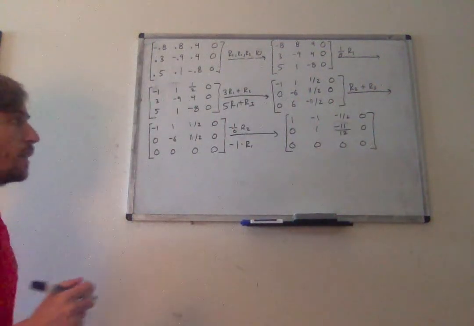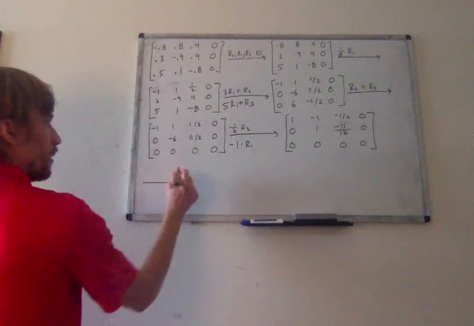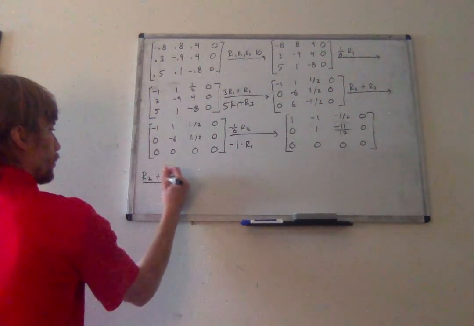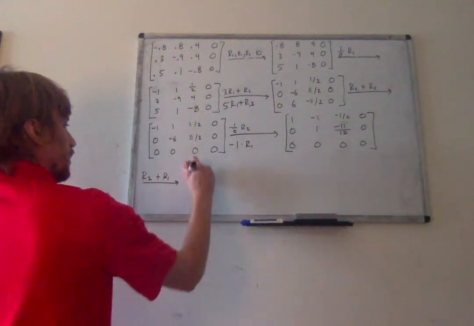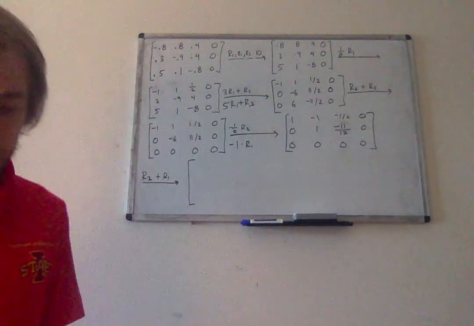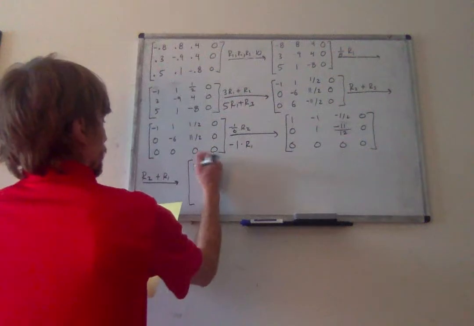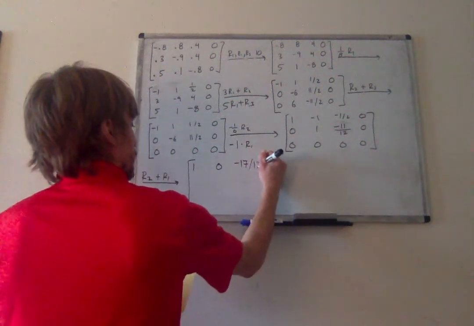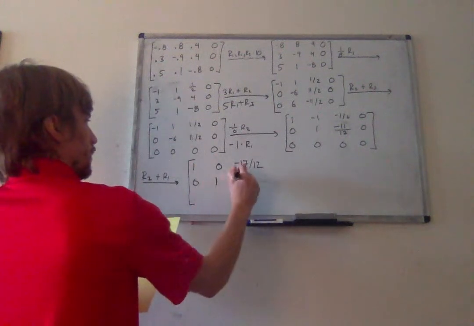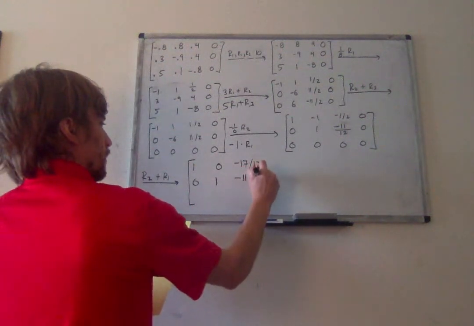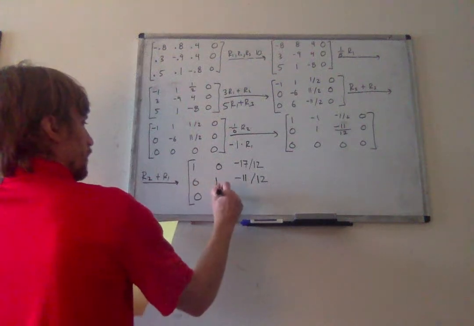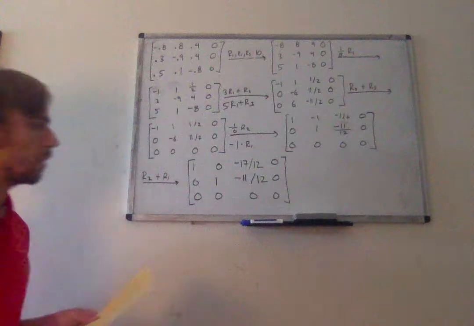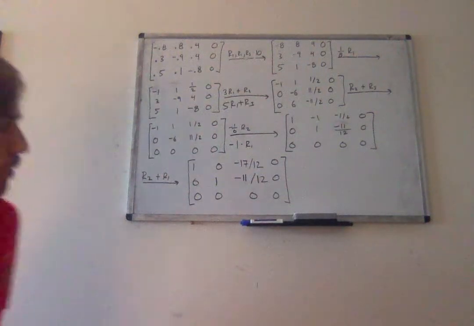All right, and so last thing we now want to do is row 2 plus row 1 and replace row 1. All right, and so remember what these variables correspond to.